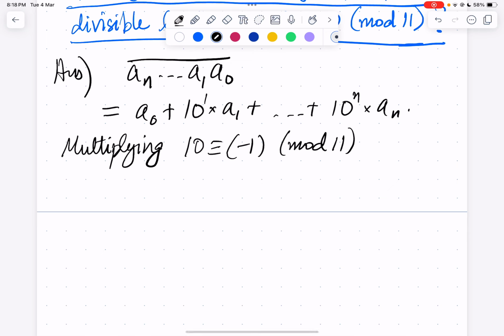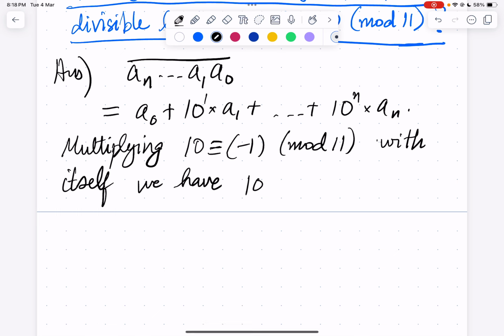So 10 is minus 1 plus 11, so it is minus 1 plus a multiple of 11. Multiplying 10 is congruent to minus 1 mod 11 with itself, we have 10 power n is congruent to minus 1 power n mod 11, etc.